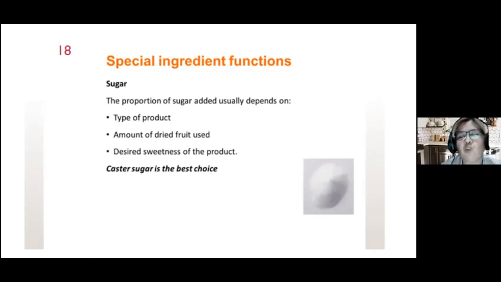Caster sugar is the best choice. Actually, for sugar, we have different kinds or market forms of sugar. Yes, that's one, the caster sugar. You have the brown sugar. You have the granulated white sugar. And then you also have the so-called confectioner sugar, which is basically used for icings and frostings. And then we also have the lump sugar.